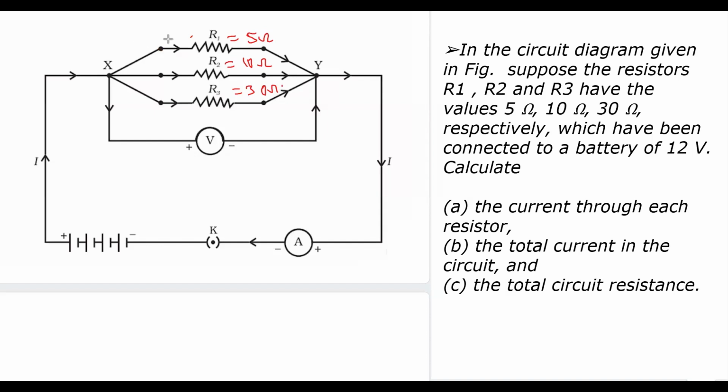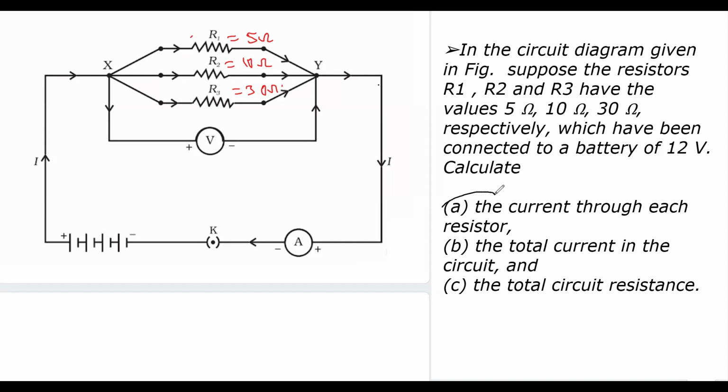When I hide this, I see that on removing R1, the current continues to flow in R2 and R3. In the same way, if I place my finger over here to hide, we'll see that the current continues to flow in the other two resistors. So these three are connected in parallel.